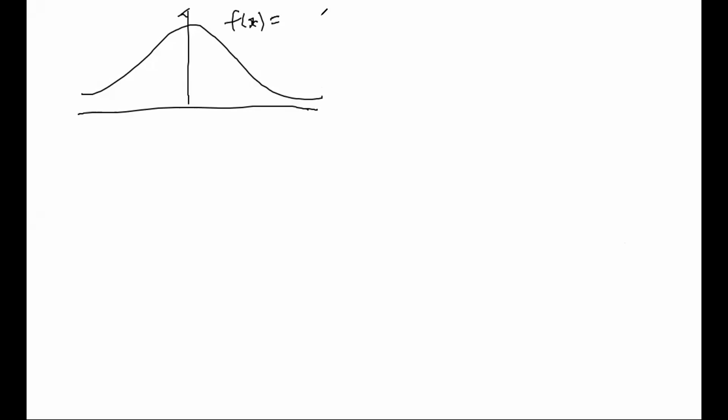Standard normal is 1 over square root 2 pi times exponent to the power of minus 1 over 2 x squared. Okay, good. You must know your normal density like the back of your hand if you are a statistics student.